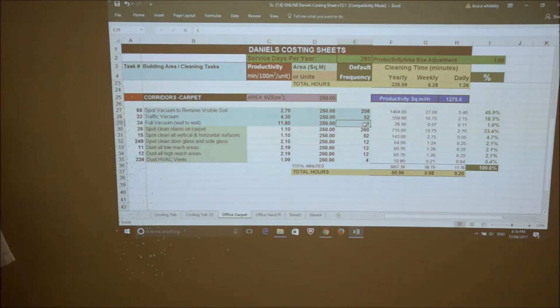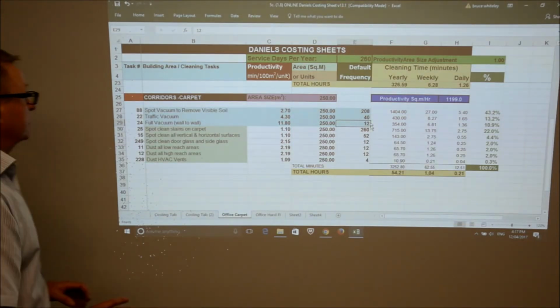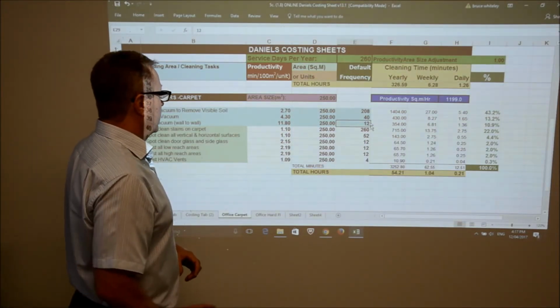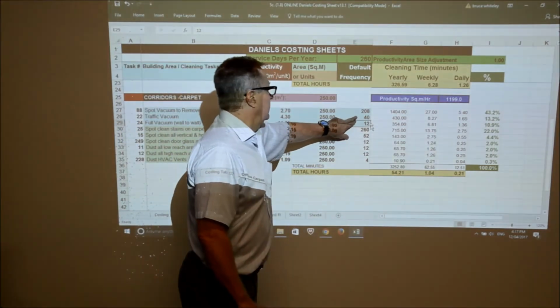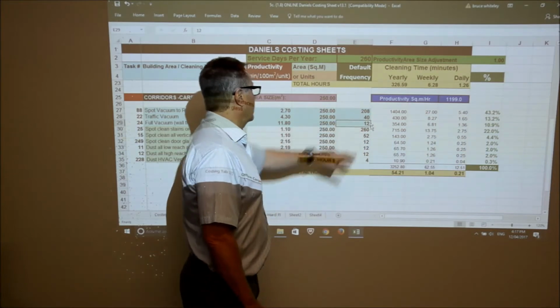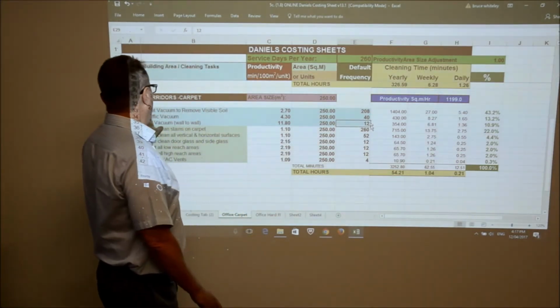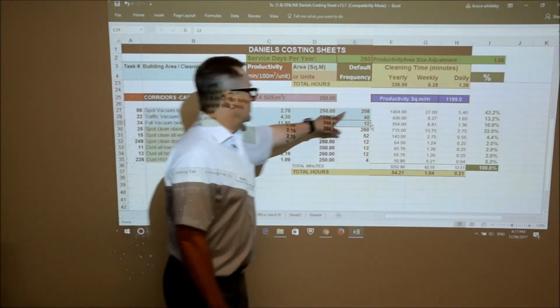So we're going to put in there that we're going to full vacuum once a month the corridors, and we're going to spot vacuum the other 40. So 40 and 12 is 52. So what that means is this makes up 1 day a week, the combination of traffic vacuuming and full vacuuming, and the spot vacuuming is done 4 days a week.